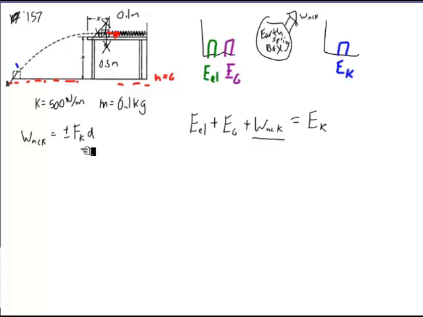Well, for friction, it's in the opposite direction of motion, so that's negative. That should be pretty obvious. And then we have to think about the parallel component. Well, all of the friction is parallel to the motion, so we get to put all of F_k there. And then what's the distance? Well, the distance is something else in the problem. It's x basically. It's this 0.1 meters because that's the entire distance it's on the surface there.